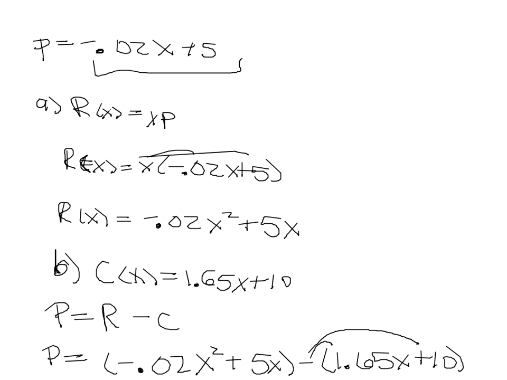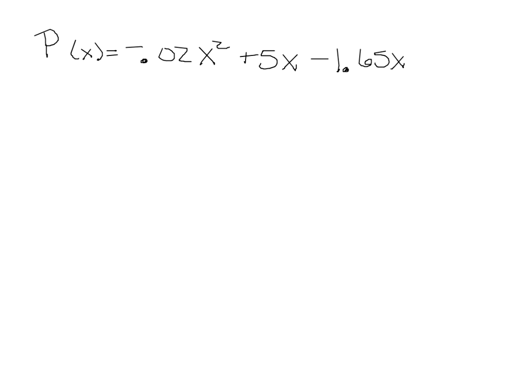Now don't forget to distribute the negative. And so we get that the profit function is minus 0.02x squared plus 5x minus 1.65x minus 10.